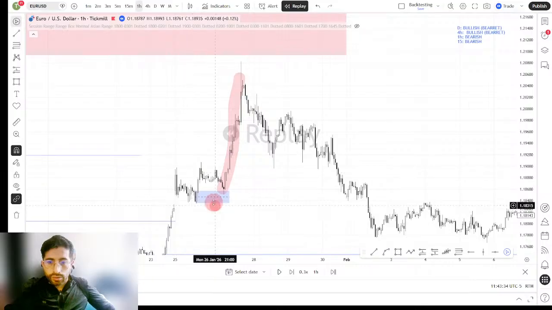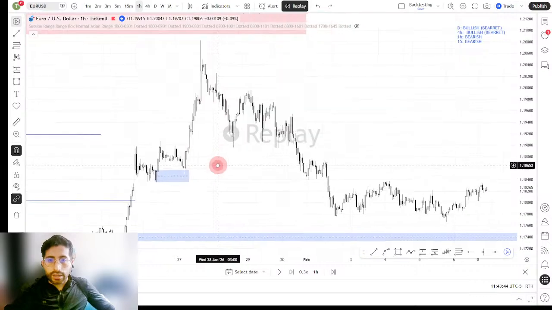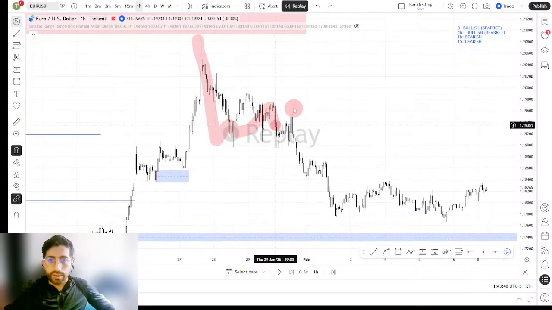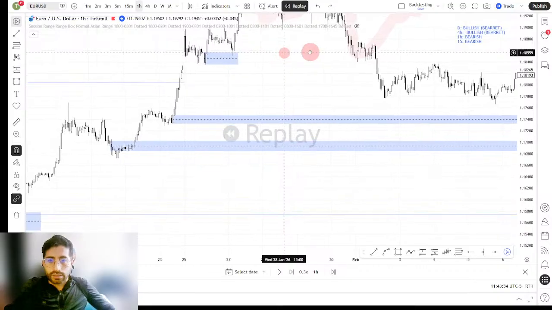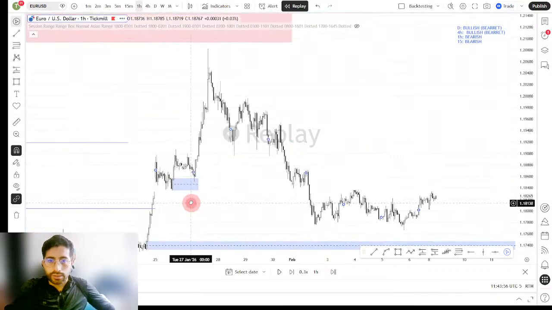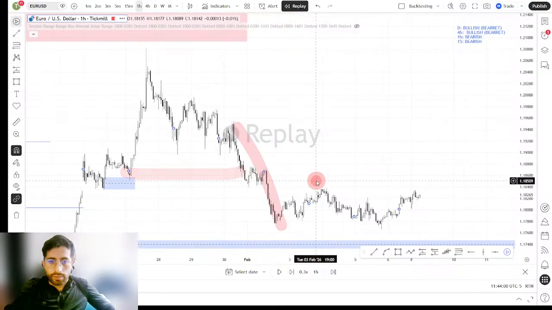Okay, so we have a liquidity sweep, liquidity has been taken, a break of structure, and then we got an impulse. Since this was the strong high, the price was supposed to respect this point and continue with the bullish trend, right? But since it has got this huge impulse, it didn't respect this low, and now we're bearish in the 1 hour time frame.